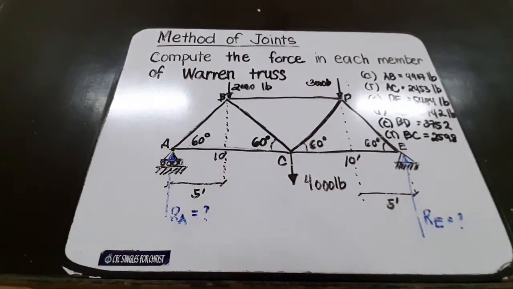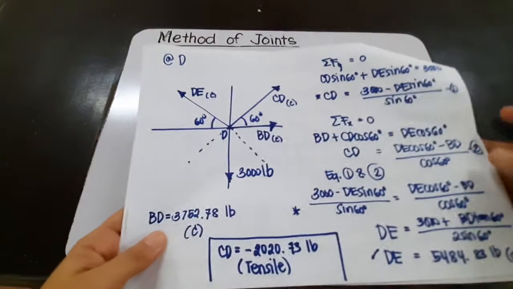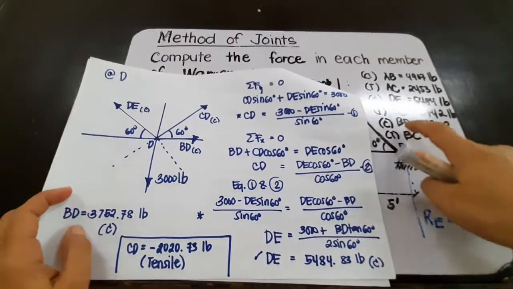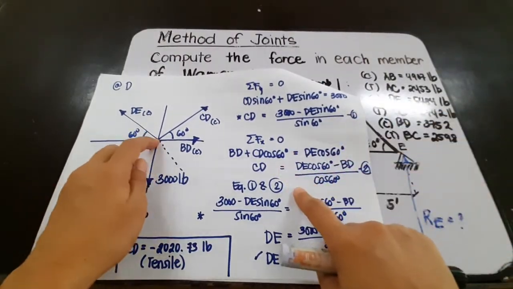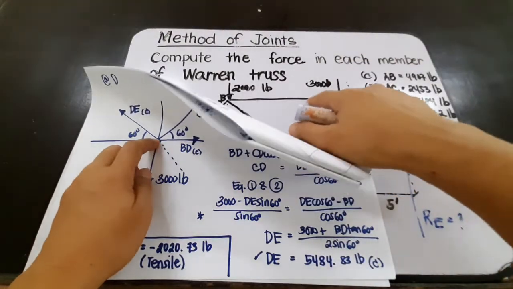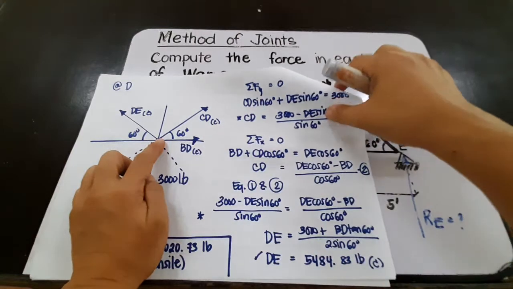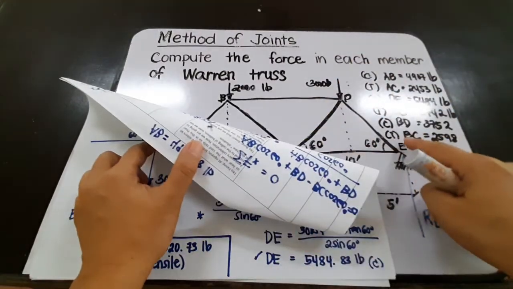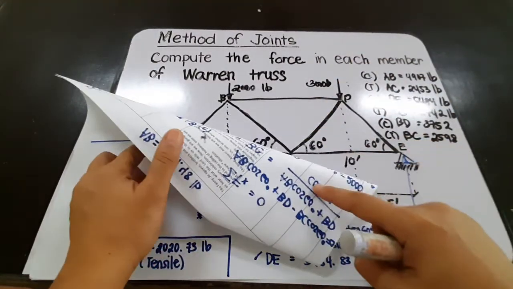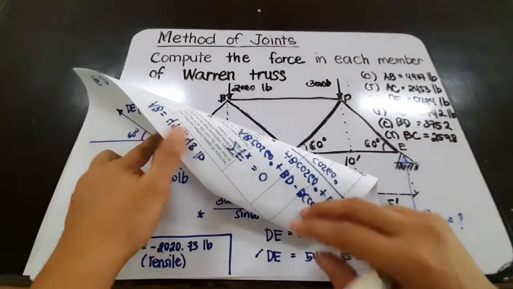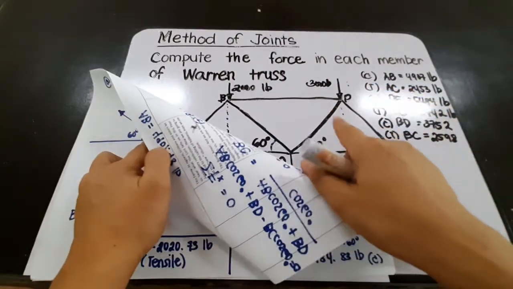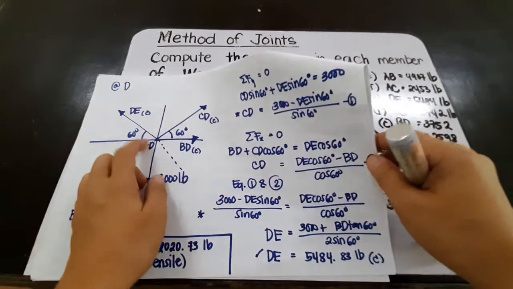Okay, so having that, since we have BD as compressive, then if this is BD, the force is acting towards there. So this will be the free body diagram. Okay, so we only have BD, and then we have CD and DE.